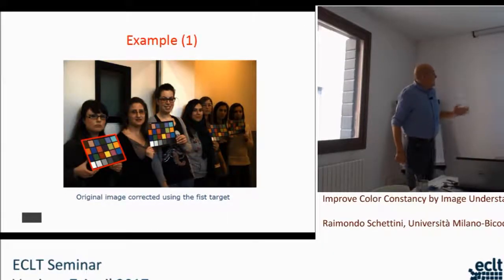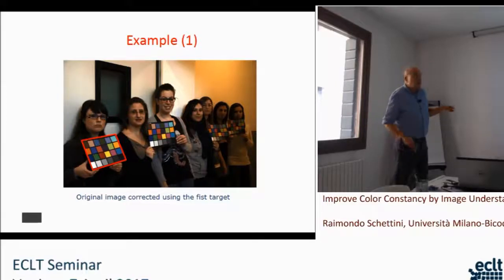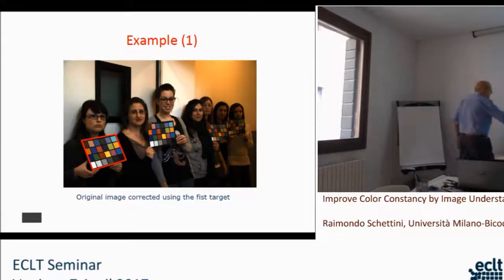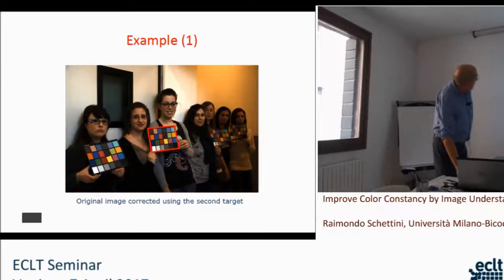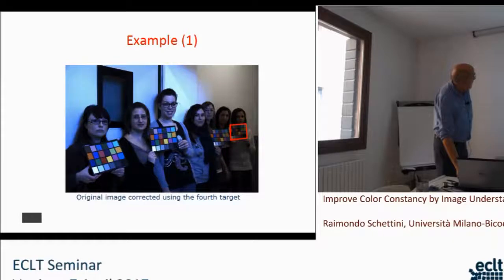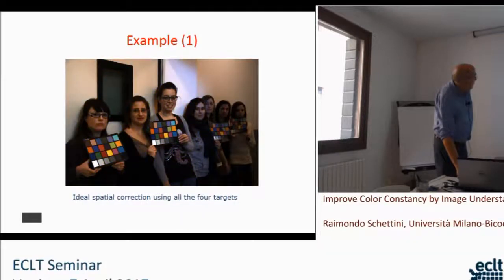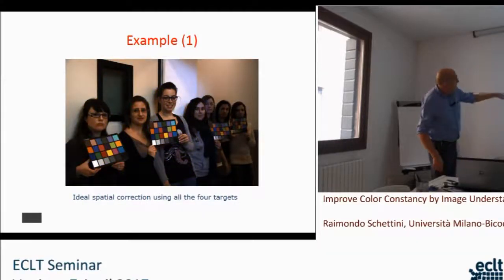This is the result using not the face, but the target. Now you can see here, this is well balanced, and you can see the reddish part here. The second one, the third one, the last one. This is the spatially varying correction using all the targets.